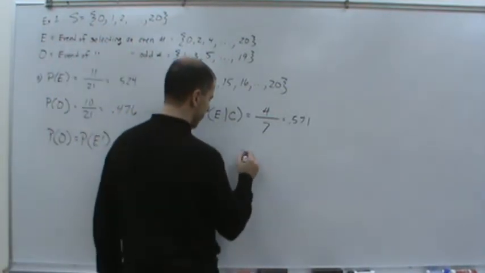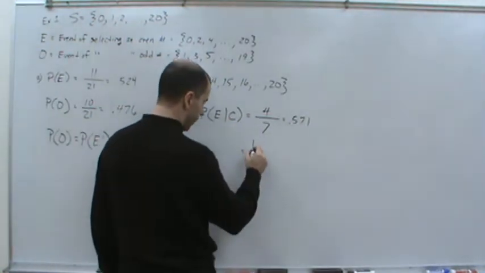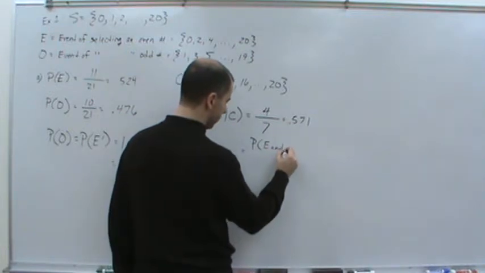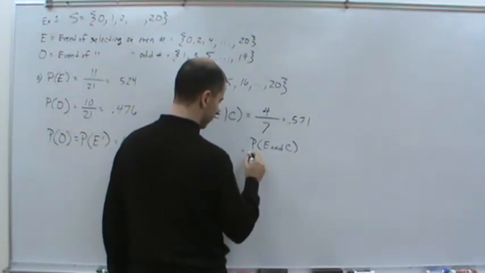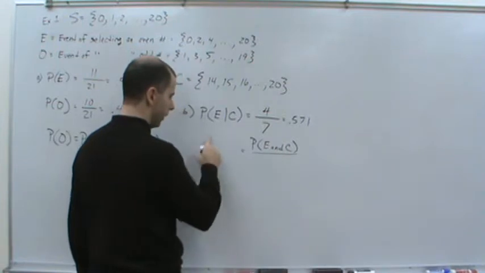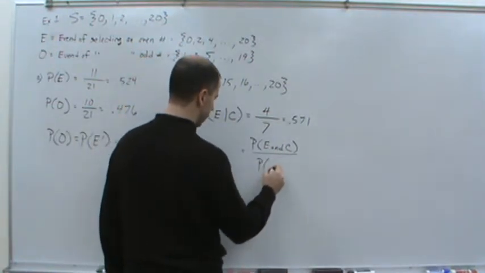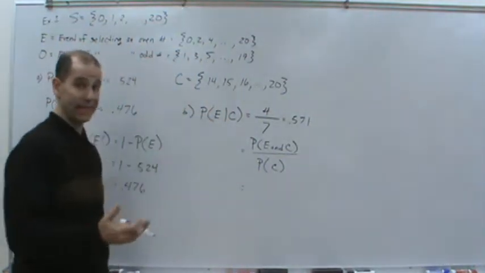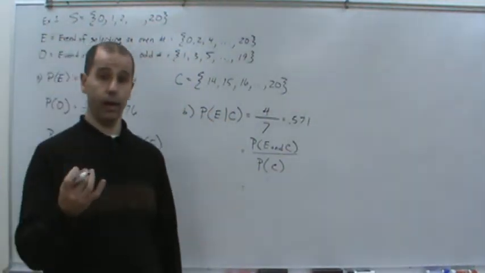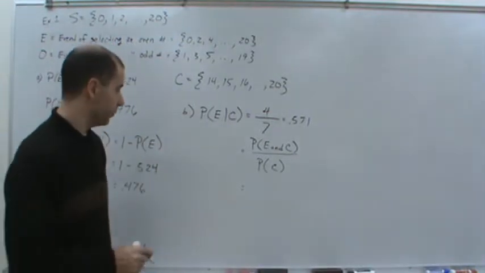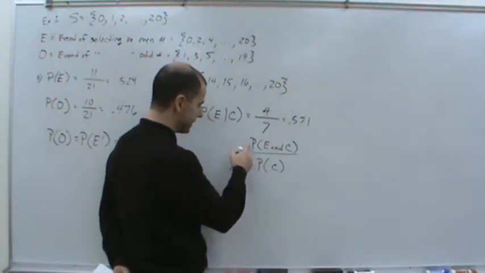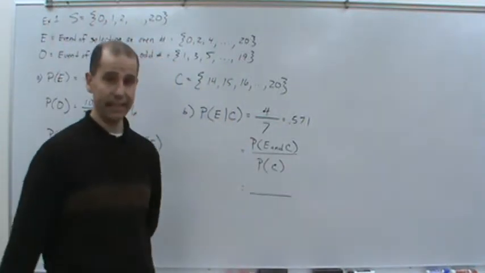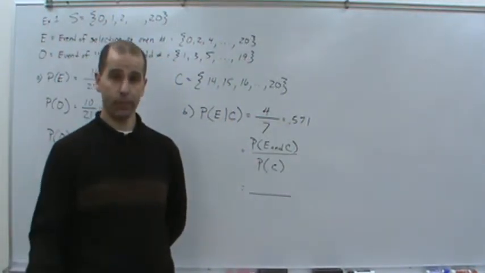So the formula says, take the probability of E and C, divided by the probability of C. Well, let's apply the definition of probability, right? So how many ways can I get E and C out of the total possible outcomes?